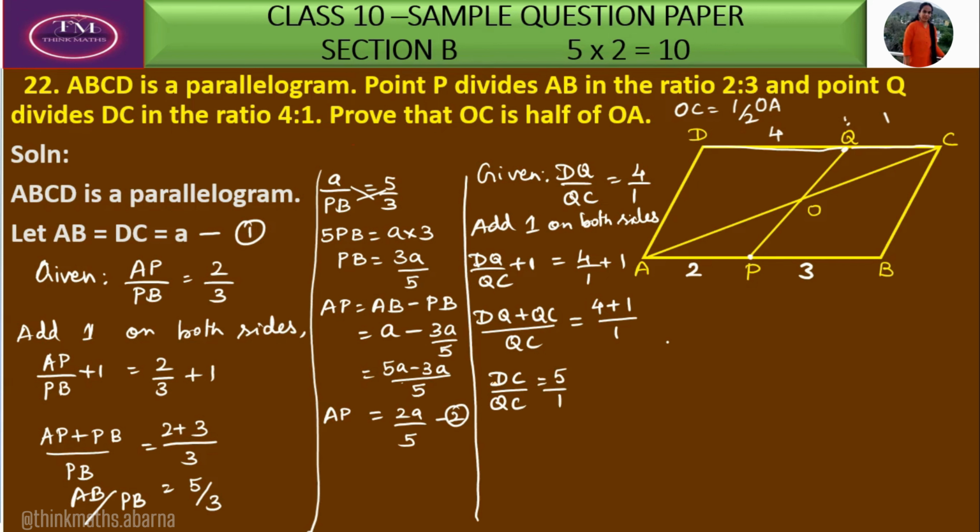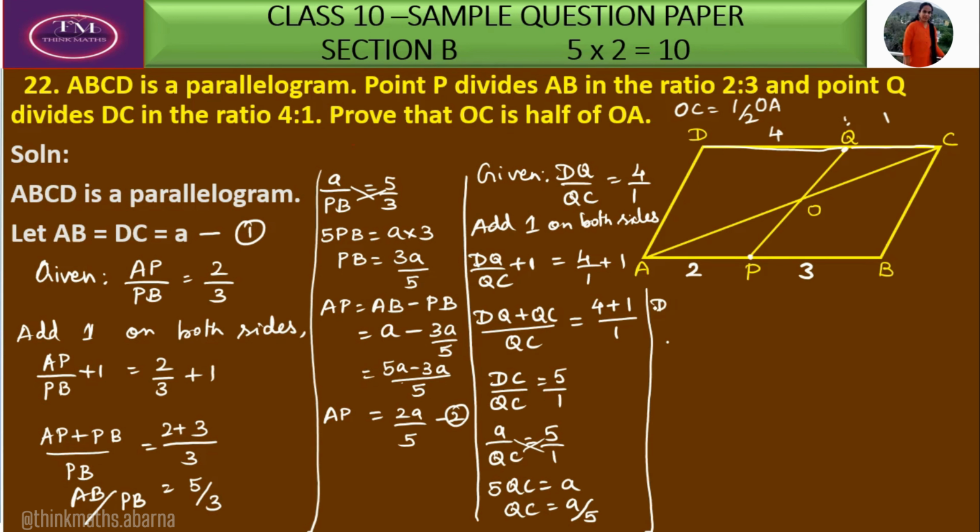DC is nothing but A, so instead of DC we can write A. So A by QC equal to 5 by 1. Cross multiplying, 5 into QC equal to A into 1, that is A. So QC will be equal to A divided by 5. So we got QC. In the same way we can find DQ.